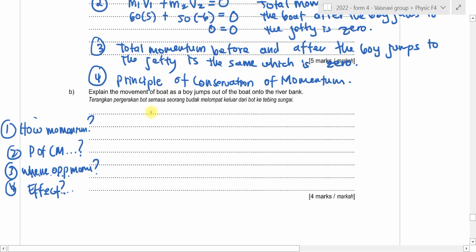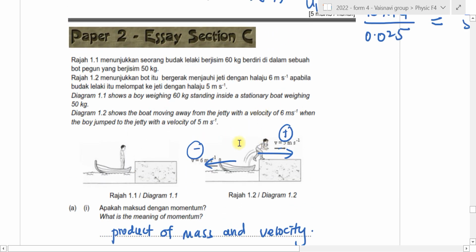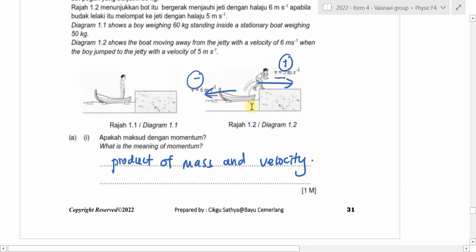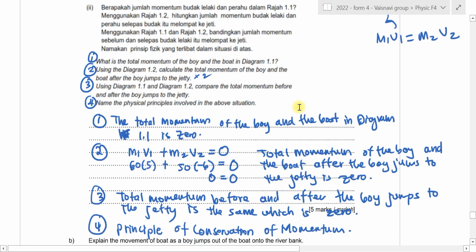Okay, first. So, bila momentum yang awal-awal akan terhasil, when he jump. Okay, when he jump, he have a forward momentum. Kita panggil forward momentum better.